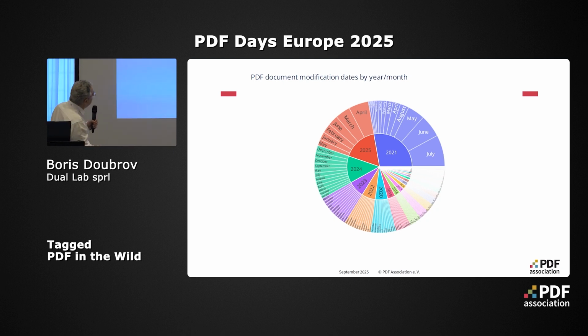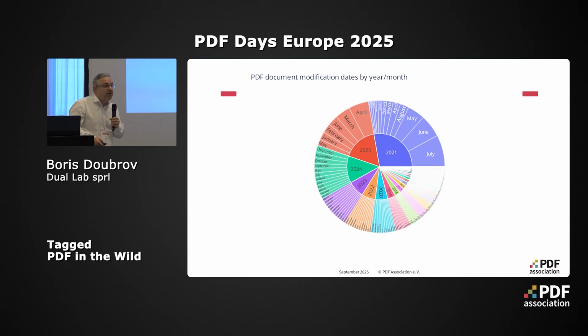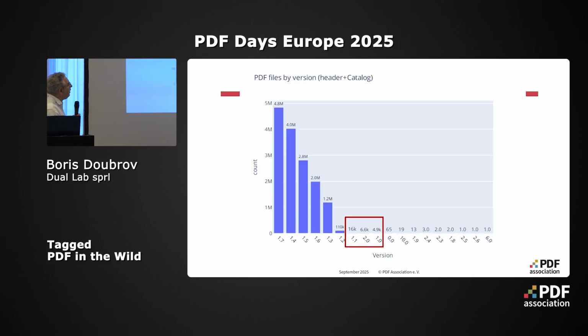For the rest, it's more or less clear that in 2025 there are more documents than in 2024 and earlier. So the absolute number of PDF documents on the web is growing. But all pages are growing, so it's also important to compare with the percentage against HTML, for example, rather than look at absolute numbers.